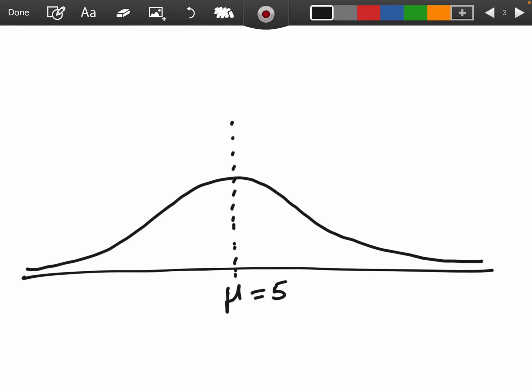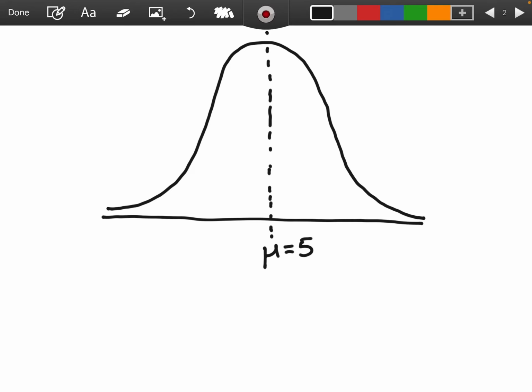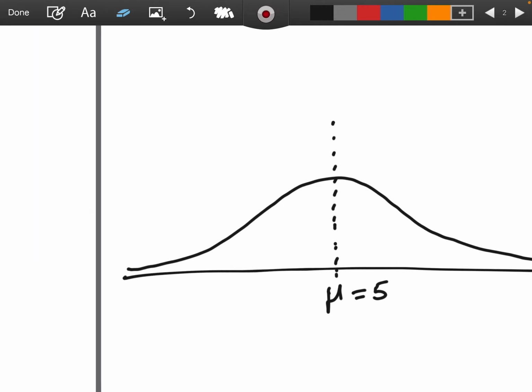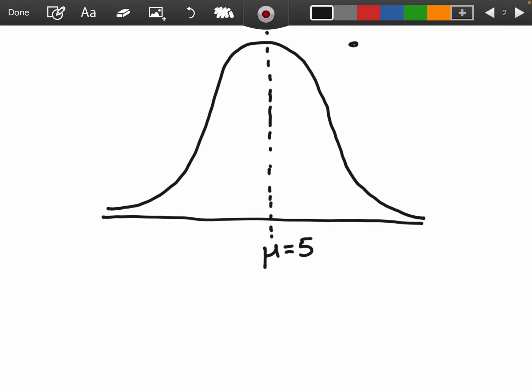Going back to our definition of variance and standard deviation, which look at how spread out your outcomes are from the mean, we can tell that this particular curve that is sharper is going to have a much smaller variance and much smaller standard deviation because your points are much closer to the mean. For this particular data set, again, you've got the same mean, but your data points are a lot more spread out from the mean, telling me I must have a much larger variance and standard deviation.